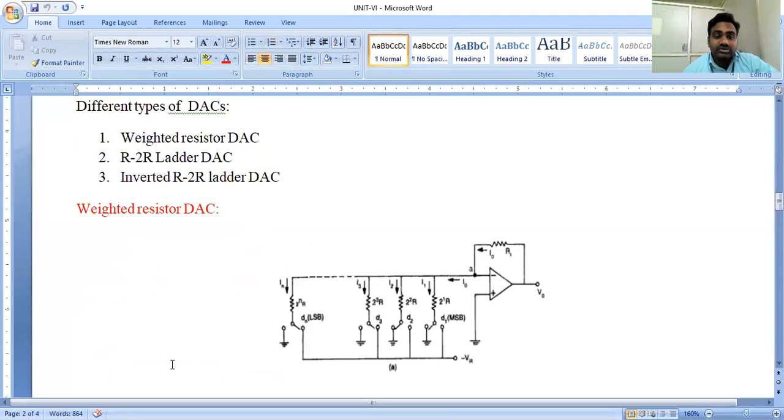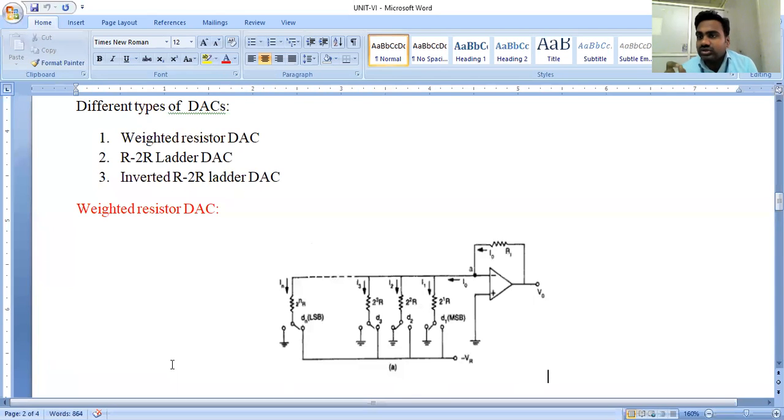If we take the weighted resistor type digital to analog conversion, again we have used an operational amplifier. A negative feedback type operational amplifier is used in the concept of digital to analog conversion. So what is our objective?